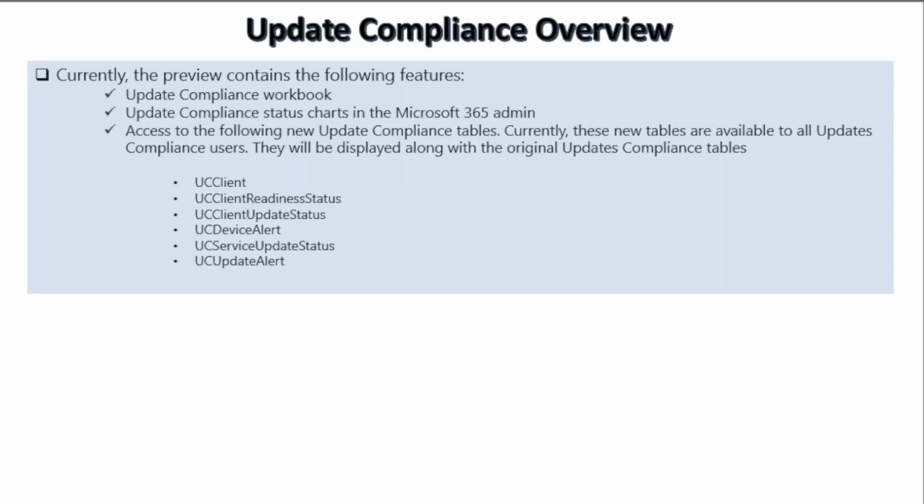Currently these new tables are available to all update compliance users, and these tables will be displayed along with the original update compliance tables. So these tables are update compliance client table, update compliance client readiness status, update compliance client update status, update compliance device alert, update compliance service update status, and update compliance update alert.